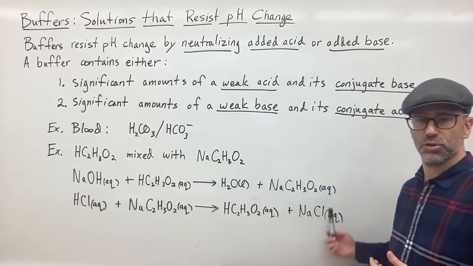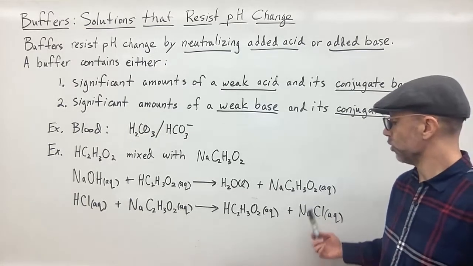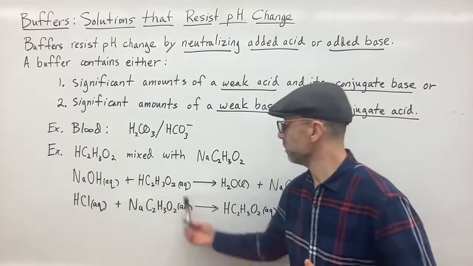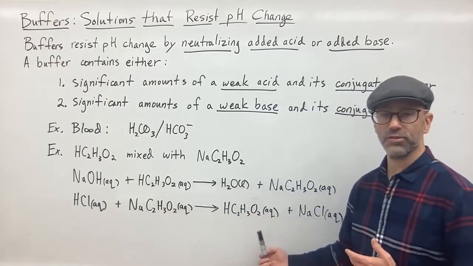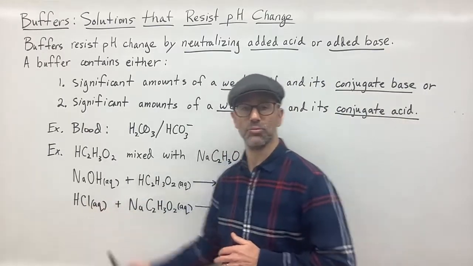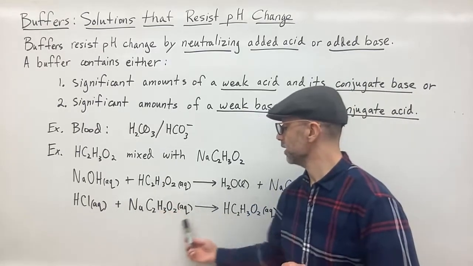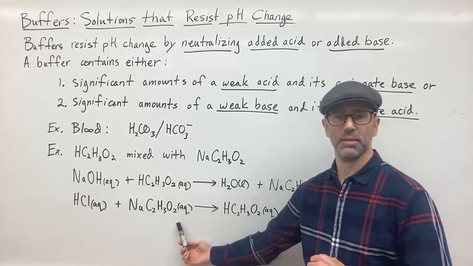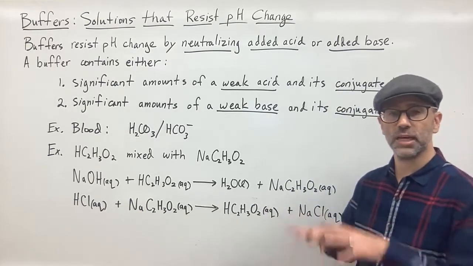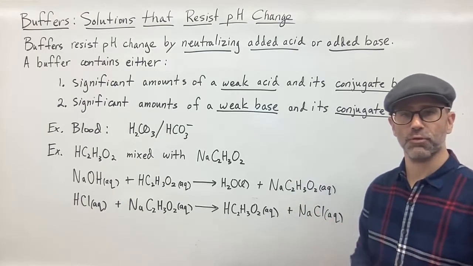And now I'm producing sodium chloride, which is a neutral salt. So in this case, I'm losing some of the base and gaining some more of the acid. But as long as the strong acid that I'm adding is less than the amount of the conjugate base I have in the buffer, my buffer will neutralize the acid and keep the pH relatively constant. And that's really how a buffer works.